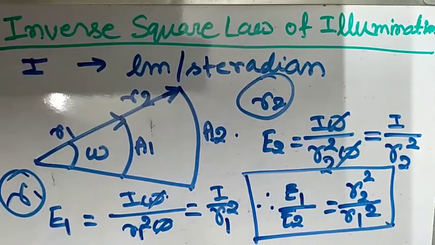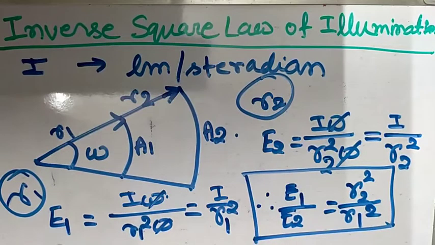So this equation shows that illumination at a point is inversely proportional to the square of its distance from the point source, and directly proportional to the luminous intensity or candle power of the source of light in that direction.